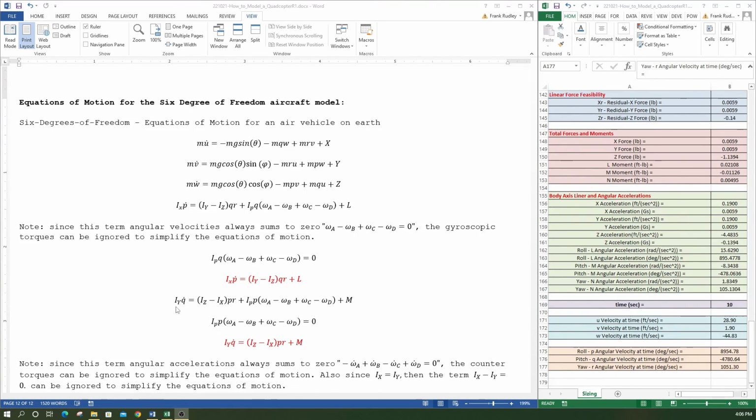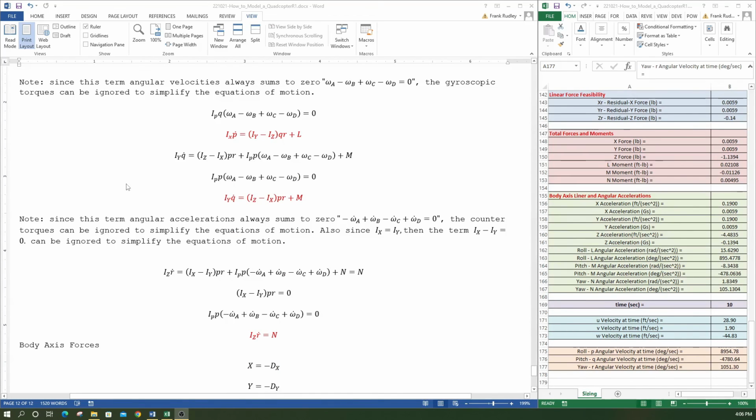So this would be our roll equation here. Likewise, for our pitch equation, it's the same deal where the gyroscopic forces cancel out, so it simplifies our pitch equation here. Now, also the angular accelerations cancel. When we accelerate one motor one way, we accelerate the other motor the opposite way.